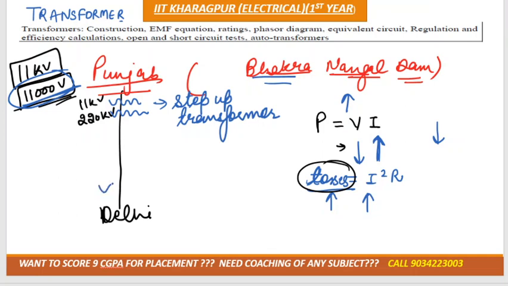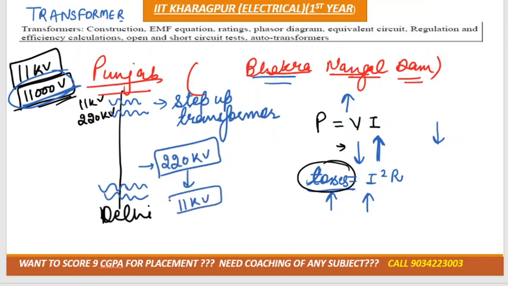Then the electricity reaches Delhi. Now we don't want such a high amount of voltage, right? So we decrease the voltage, and for that we need a step down transformer.